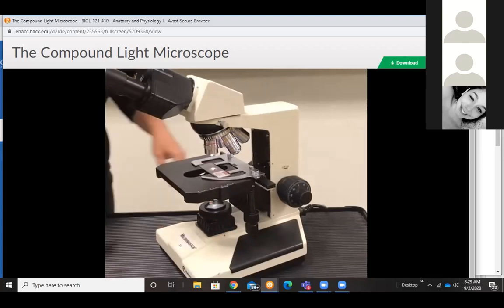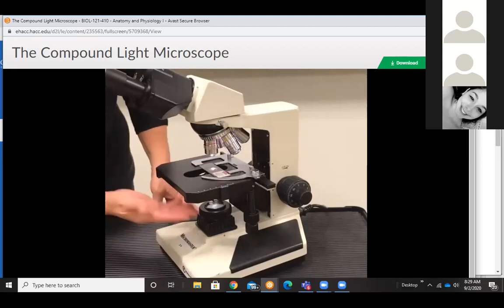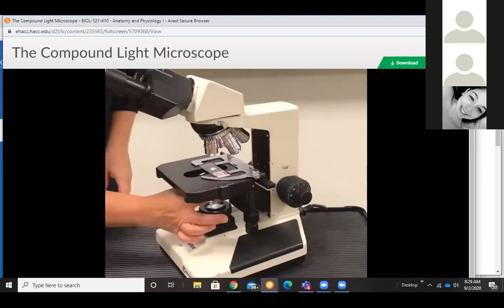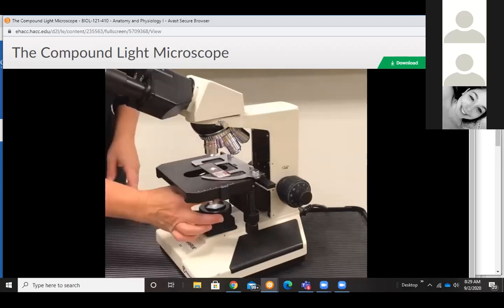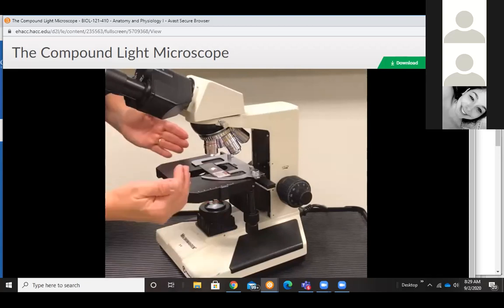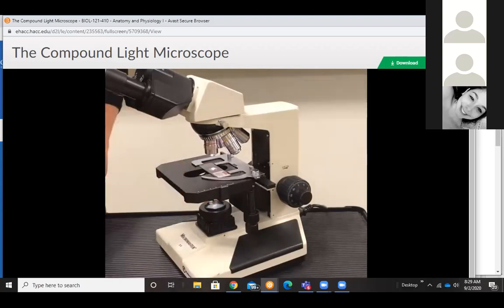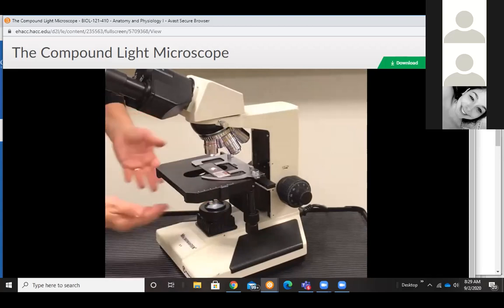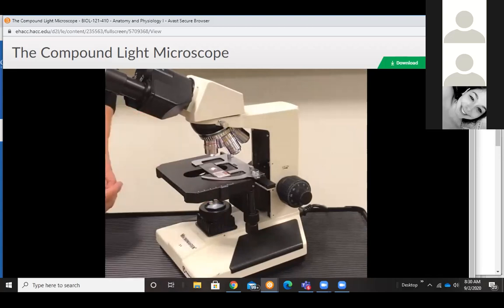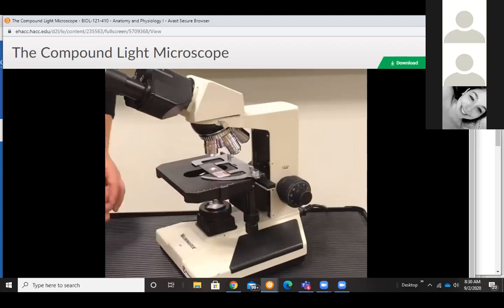If we look underneath the stage, there is what is called a condenser. And the condenser basically converges the beam of light so that it forms a cone of light that comes directly underneath the specimen. And that condenser can be raised or lowered depending on the magnification that you're using. Underneath the condenser is what is called the iris diaphragm.